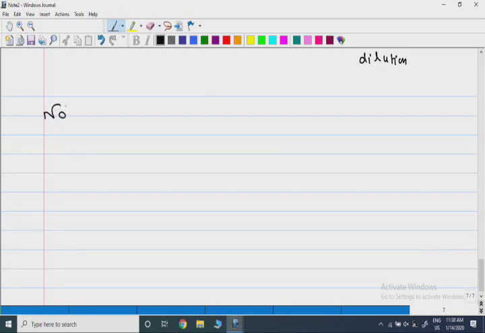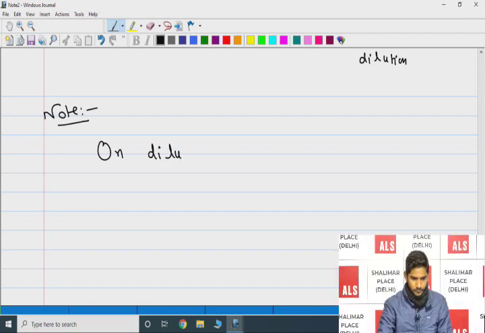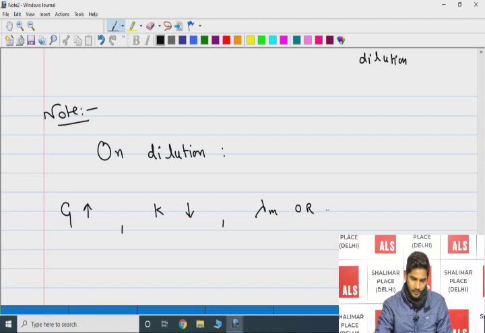Now you can just remember this part, that on dilution G increases, kappa decreases, lambda m or lambda eq also increases. That's it. This is the summary.